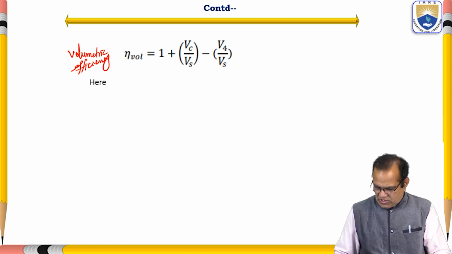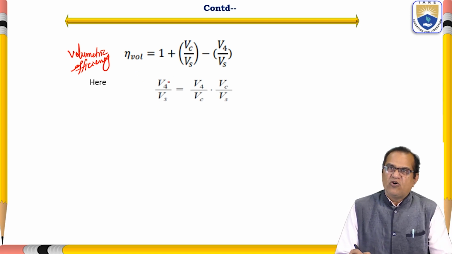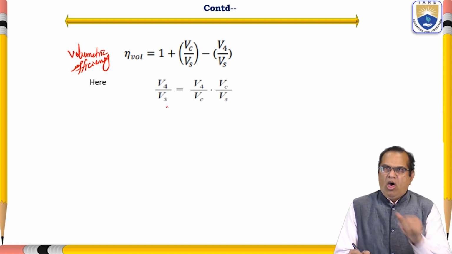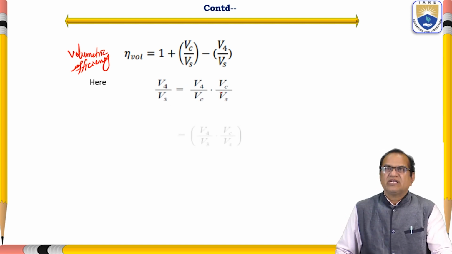Now we can see that this V4 by Vs we can make V4 by Vc into Vc by Vs, chain rule.